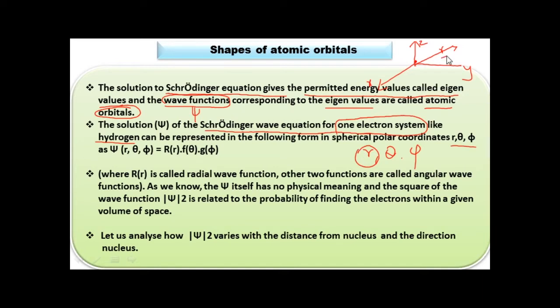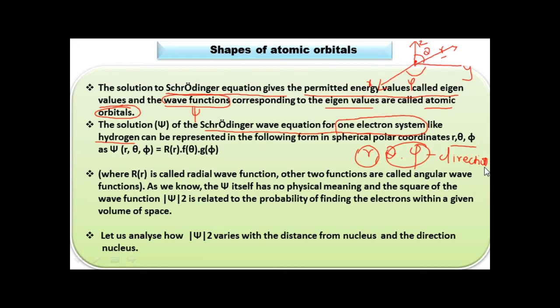So r represents the distance, theta is the angle theta, and this is phi. So theta and phi describe the direction of the orbital that the electron may occupy.